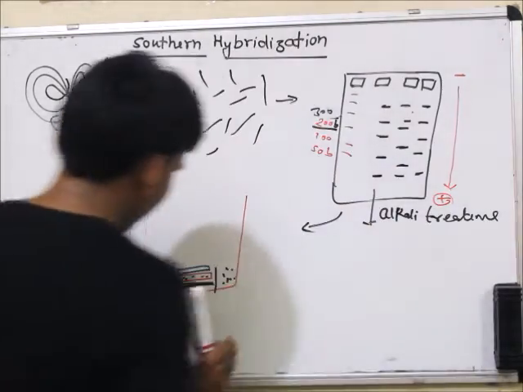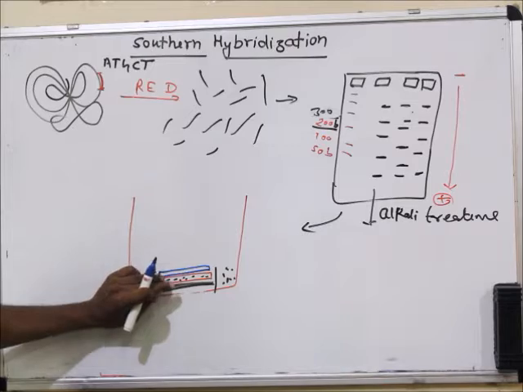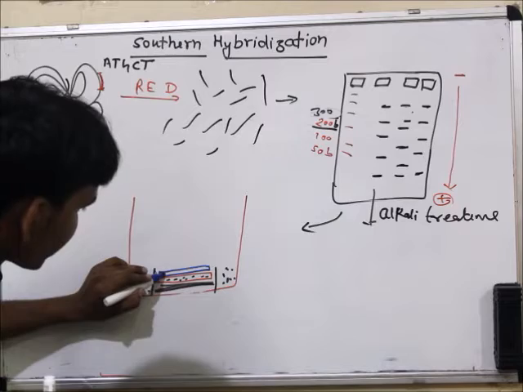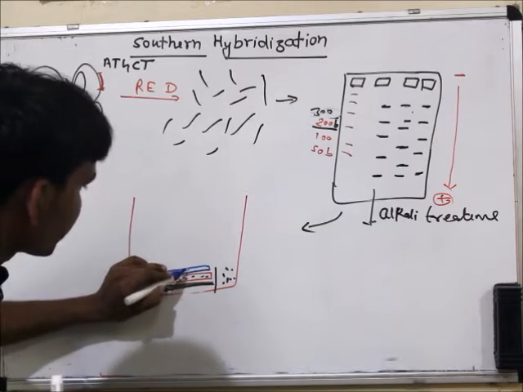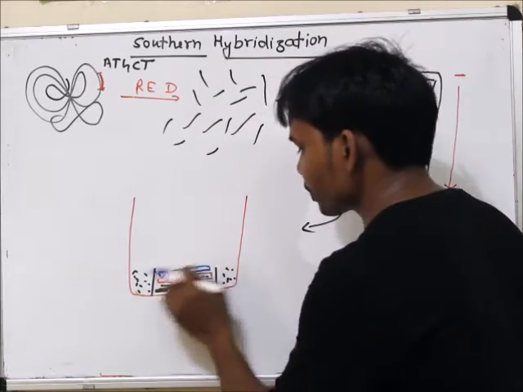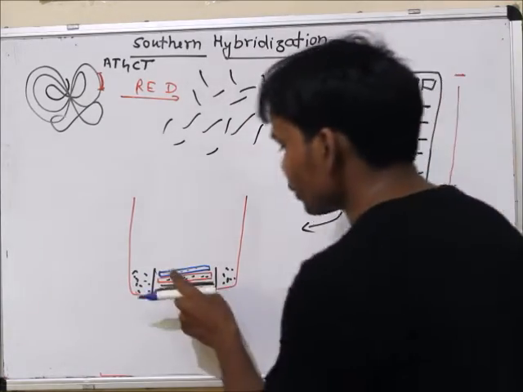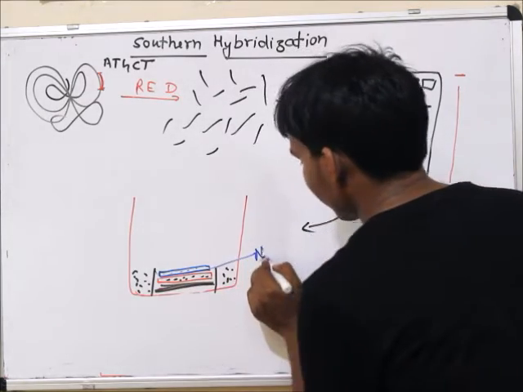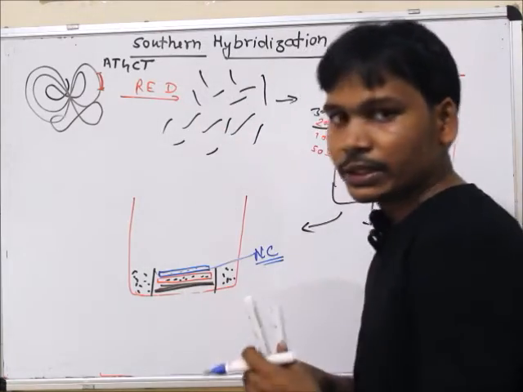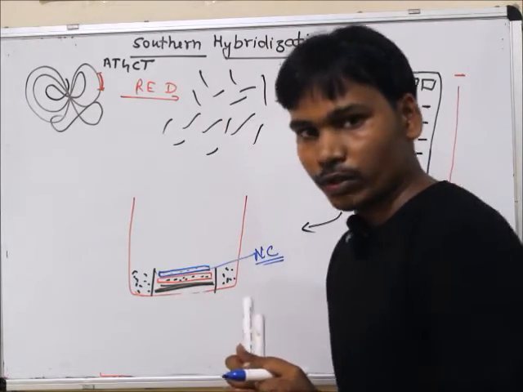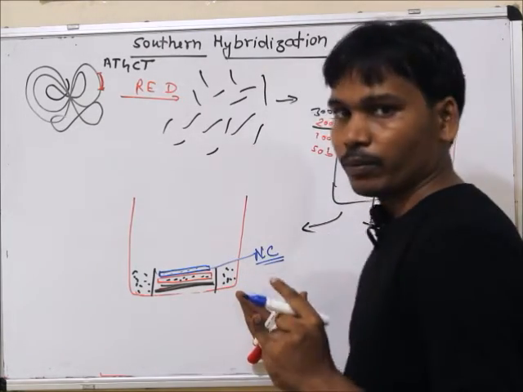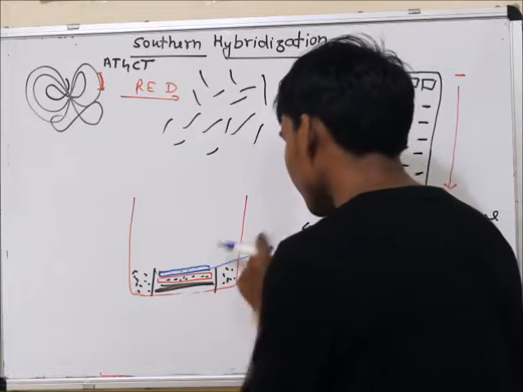The buffer moves upward without problems, but the DNA is attached here because a specific group is present where the DNA binds to the nitrocellulose paper. When the DNA moves up, it attaches to the nitrocellulose paper. This paper is specific only to DNA, not to RNA.